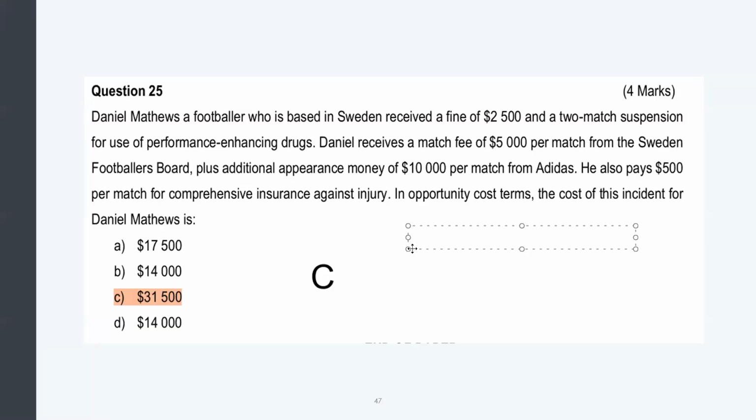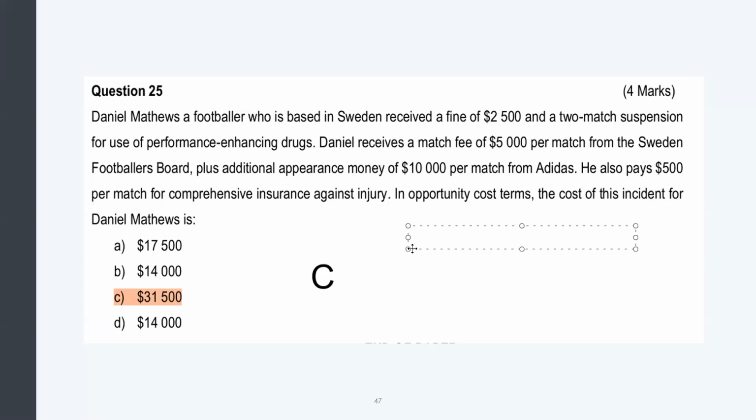So when Daniel, all right, I know he did not make the decision to use. He made the decision anyway. Let's not give him a pat on the back. When Daniel makes the decision to use performance enhancing drugs, it leads to a certain thing that happens.